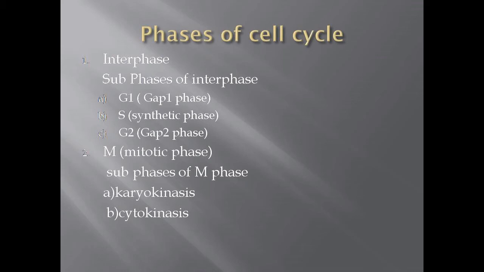Interphase is a phase in which growth takes place. In the past it was considered a resting phase, but it was later proved that many activities or events take place in interphase, though we cannot see them from outside.